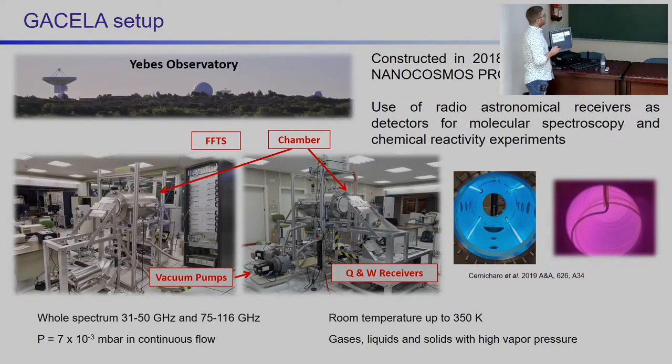The camera is equipped as well with 4 UV lamps that are emitting at 183 nanometers, and they can be used for the study of photodissociation processes inside of the chamber. And also we can produce cold plasmas using a coil connected to a radio frequency source.